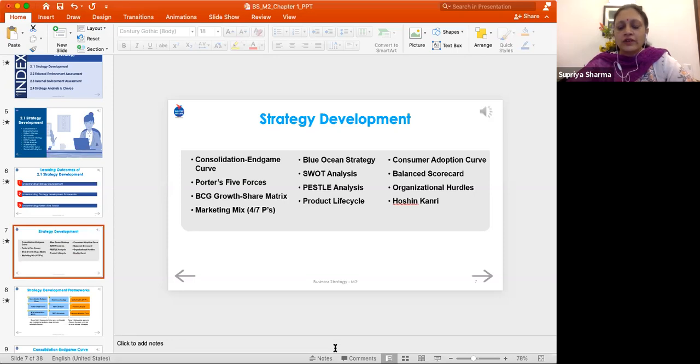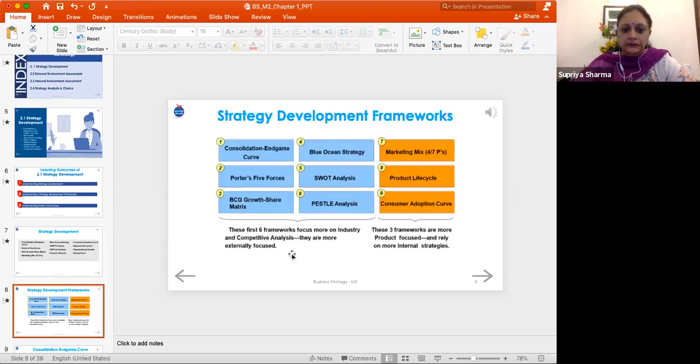There are few which are more used. So we are going to go into them in a little greater detail, while ones which are not really used so much, we are only going to see from the definition point of view. So that is there. This also speaks about these first 6 frameworks: consolidation endgame curve, Porter's 5 forces, BCG growth share matrix, blue ocean strategy, SWOT analysis, and pestle analysis.